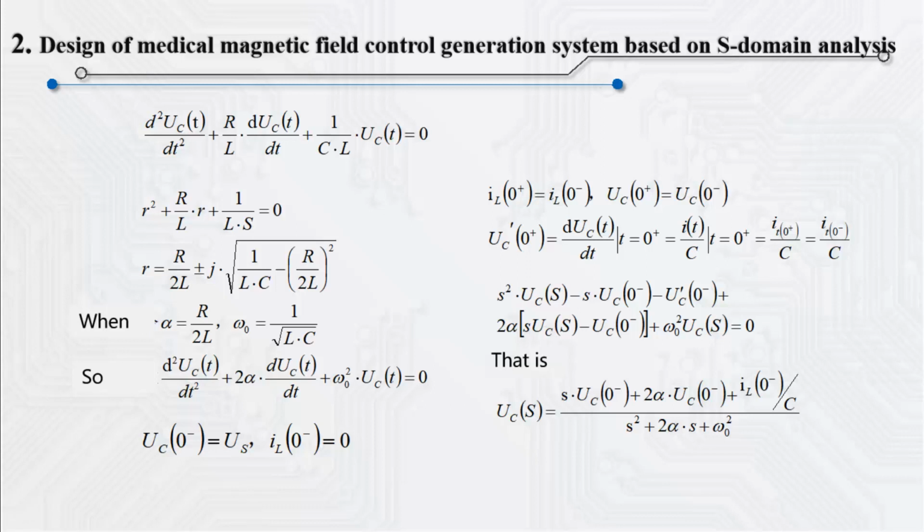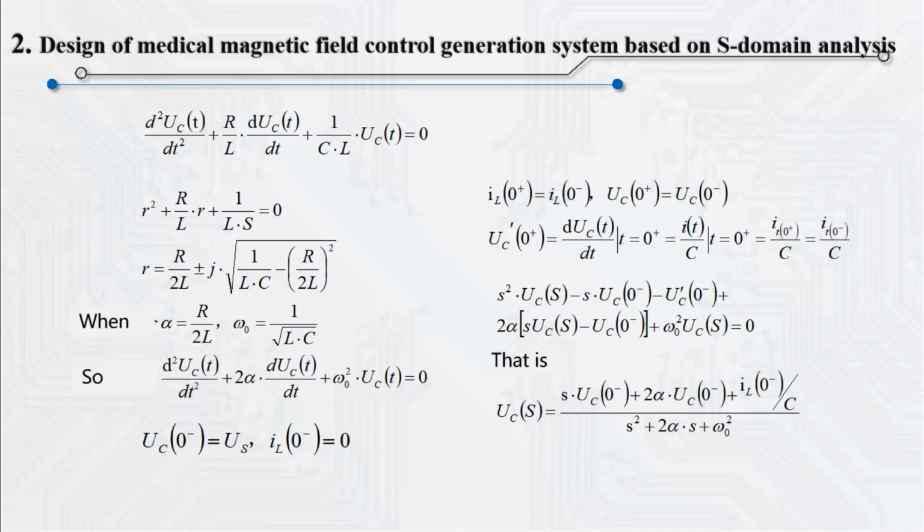Depending on the circuit, it is known that uC(0-) is equal to Us, iL(0-) equals 0. Because the circuit is in a zero input state, uC(0-) is equal to uC(0+), equal to Us, and iL(0-) equals iL(0+), equal to 0.